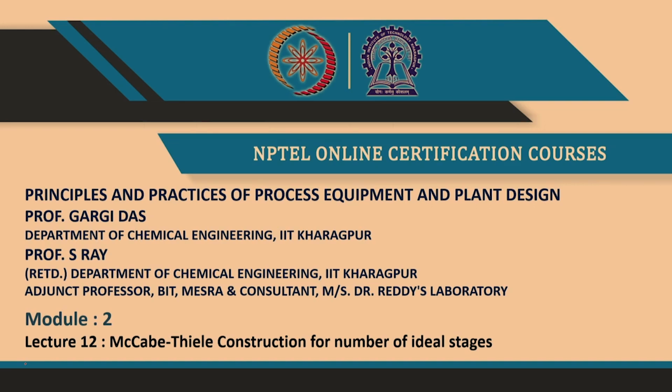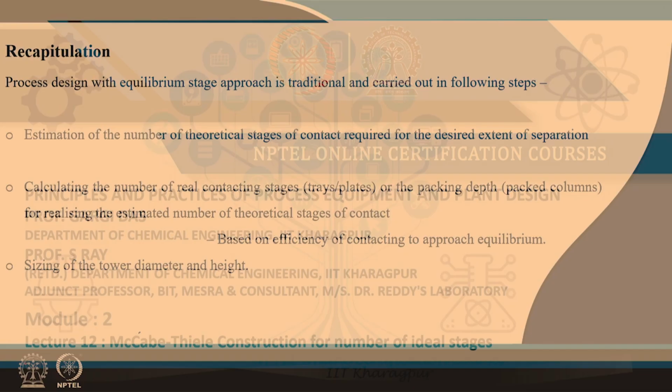Okay. So today we will first be going to discuss the theoretical number of stages, then the actual number of stages, and after the actual number of stages, how to decide the optimum reflux ratio and so on and so forth.